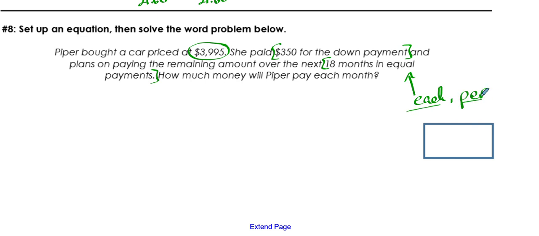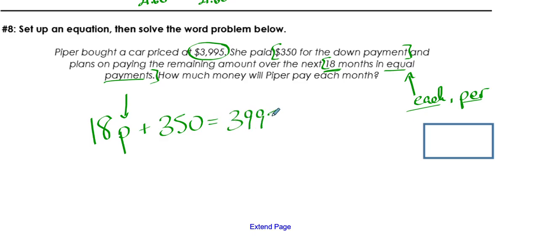We're splitting it over those equal amounts. Really, we're multiplying 18 times that amount of payment. So it's going to be 18 times, let's call it P, that's the payment. Those are these equal payments. Plus, we're starting off by paying $350 to give us a total of $3,995.